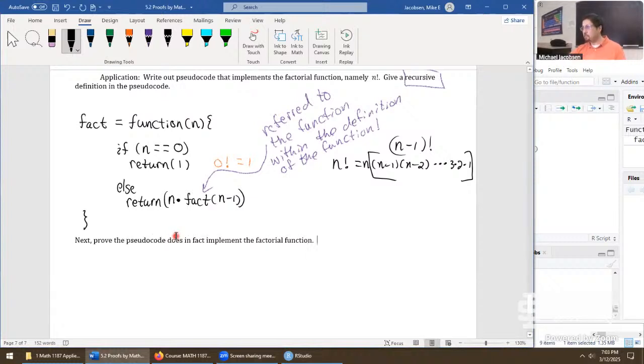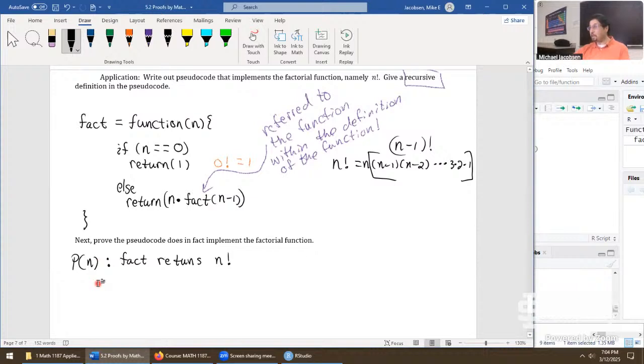Okay. Well, first, we really want to be careful with what we're proving in the first place, right? Let's say it this way. In any proof by induction, we start with a predicate function indexed on n. So P(n) this time is going to be the statement that's either true or false: Fact, referring to the factorial function up here, returns n factorial.